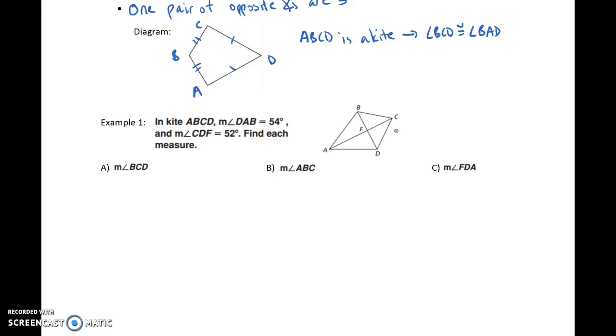But anyway, when I look at part A, I'm looking for BCD, which is this larger angle here, right? Since we know that CDF is 52 degrees, you can do a couple of things. You can remember, what do we know about these diagonals? They are not just congruent, but they are right angles, right?